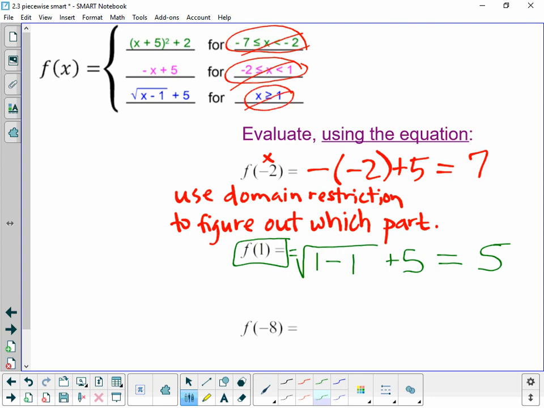So there's no part of the equation that we can plug this value -8 into, so we would say there's no answer, or you could say it does not exist, which some math people will just write DNE, but there isn't a way to get an answer for f of -8. It's outside the domain of the function. There is no solution to that question.